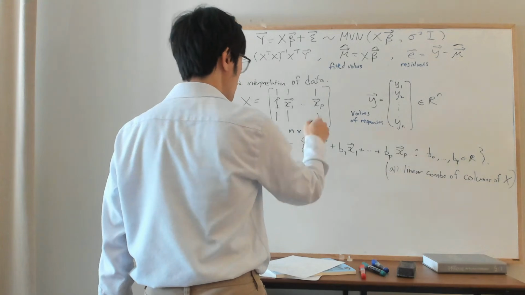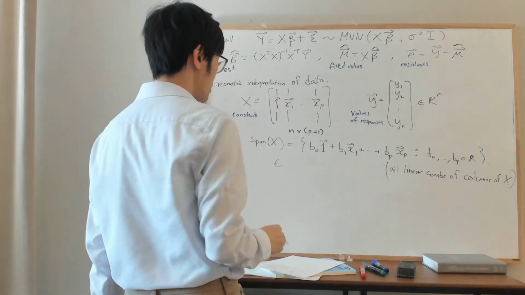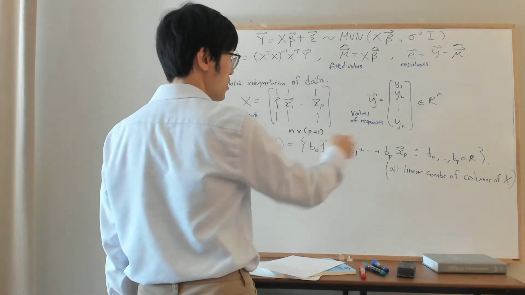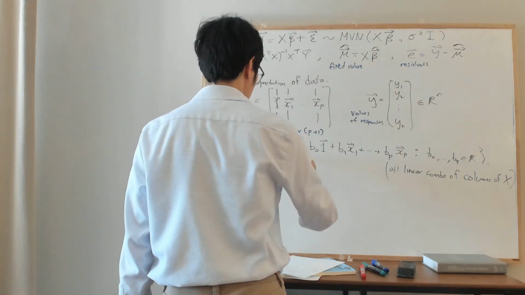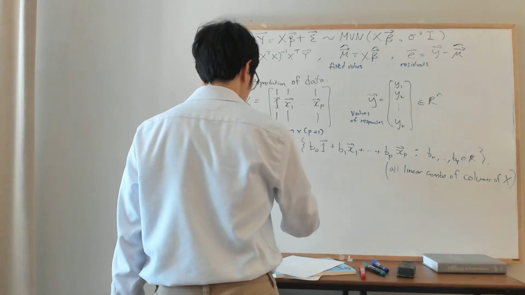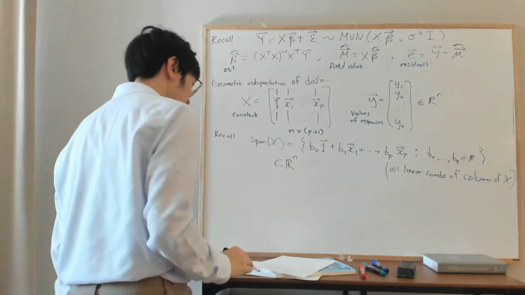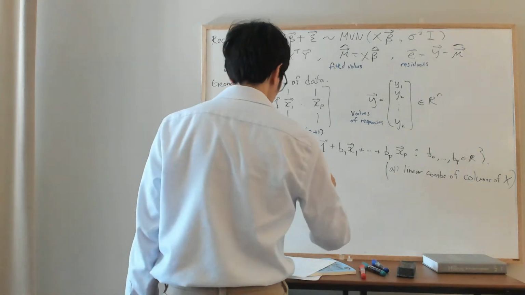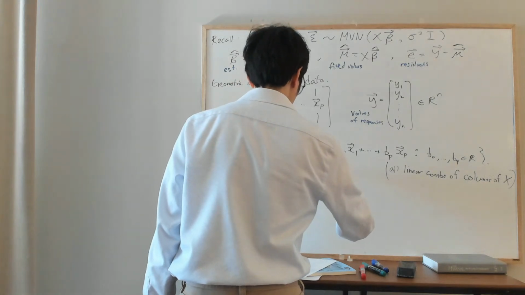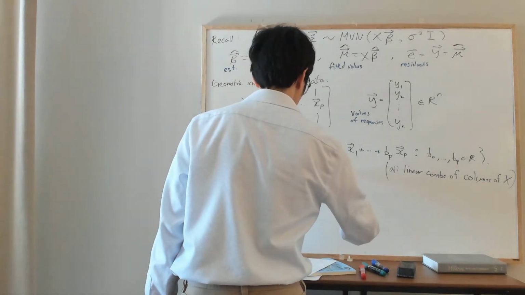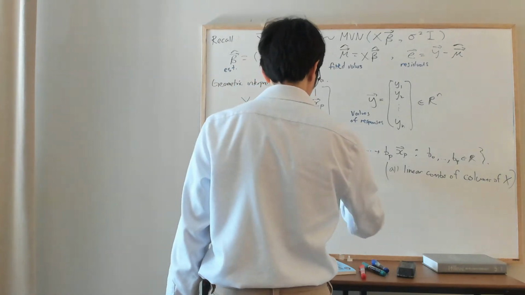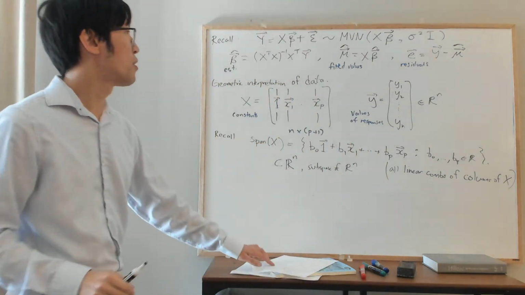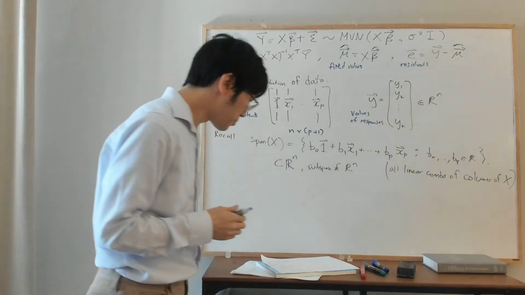Each of these is a vector of dimension n, and so this linear combination is also in Rn. So this is specifically a subspace of n-dimensional Euclidean space.